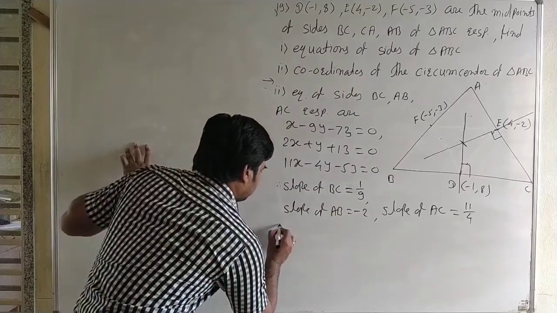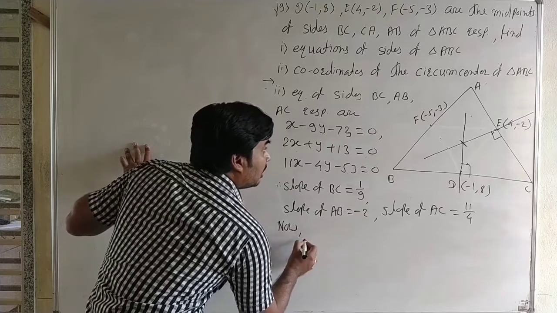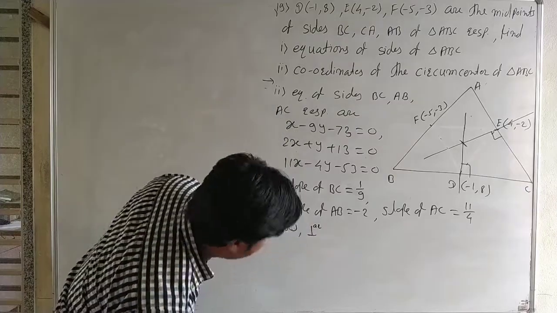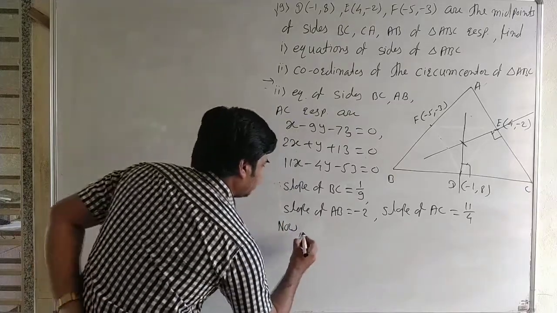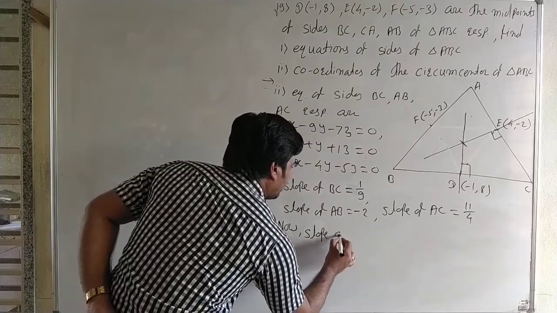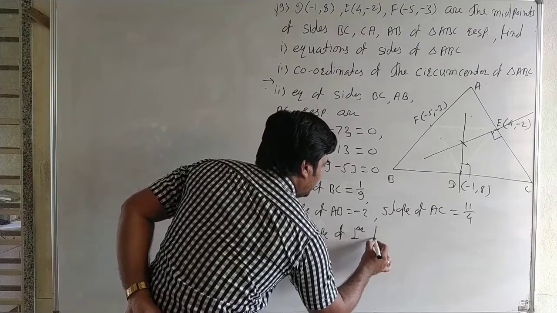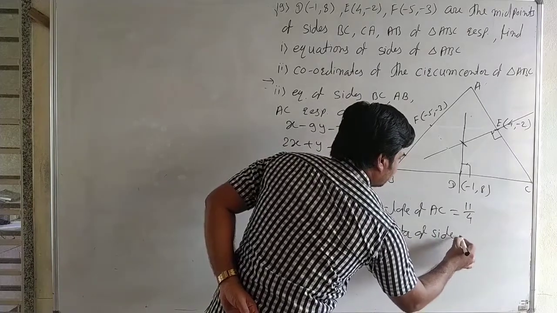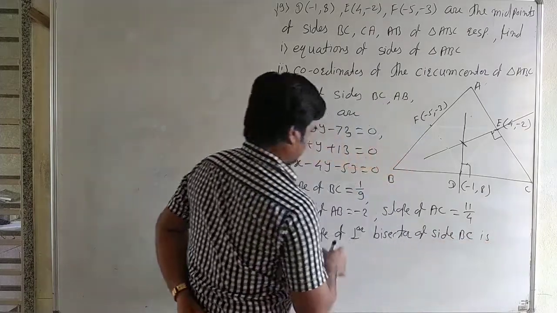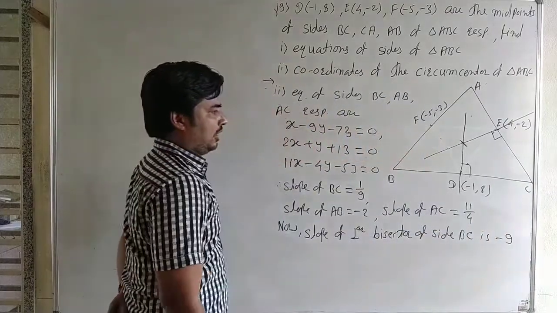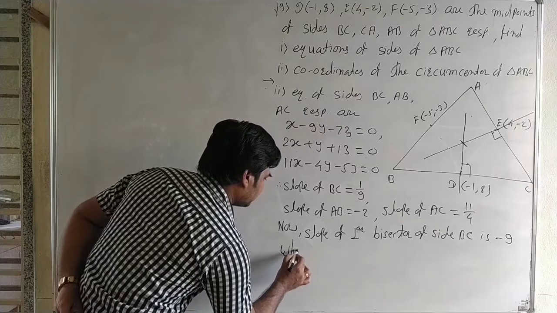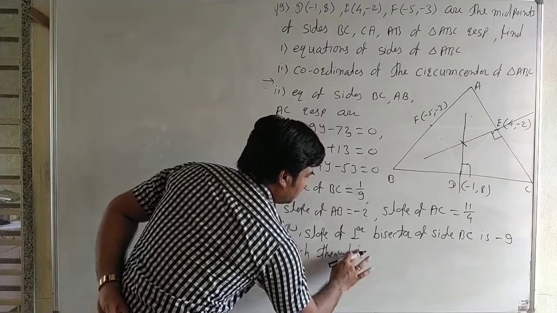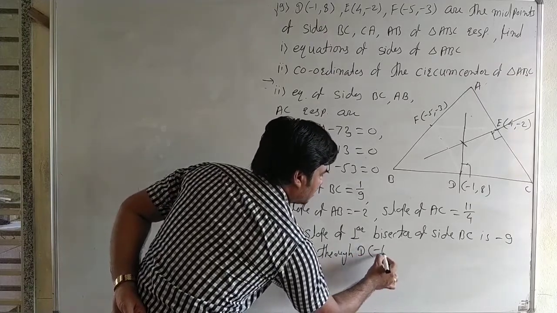Now, the slope of the perpendicular bisector of side BC is minus 9, and it passes through D, minus 1 comma 8.